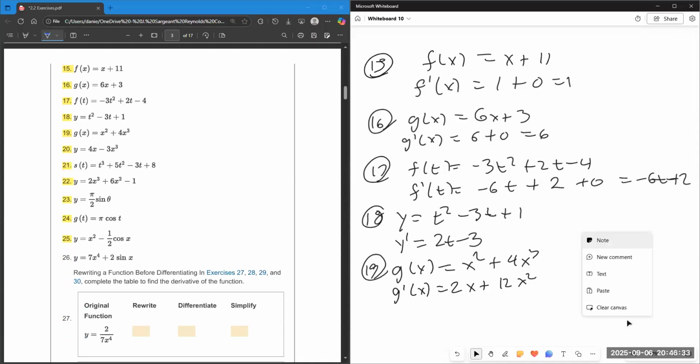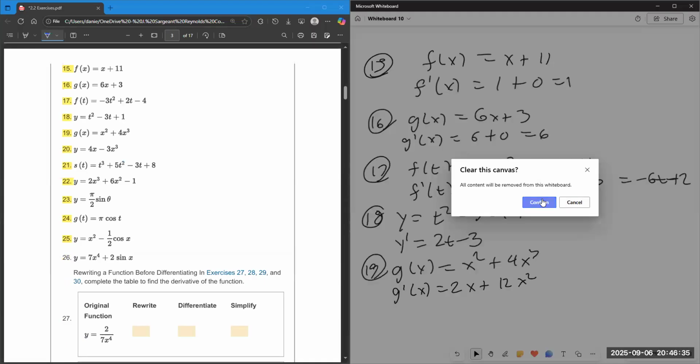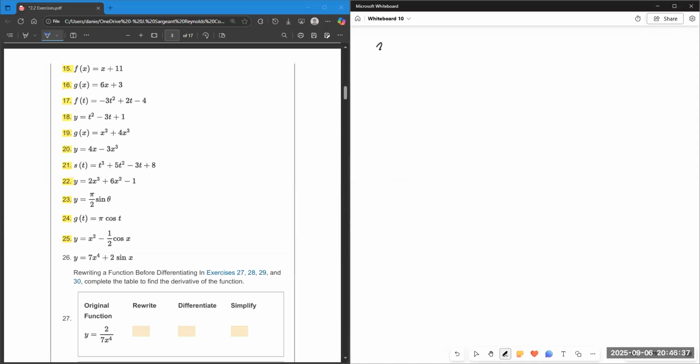Let's look at number 20 now. 20 is y equals 4x minus 3x cubed. So y prime is 4 minus 9x squared.